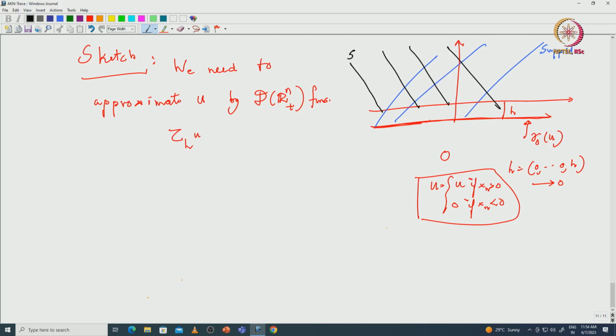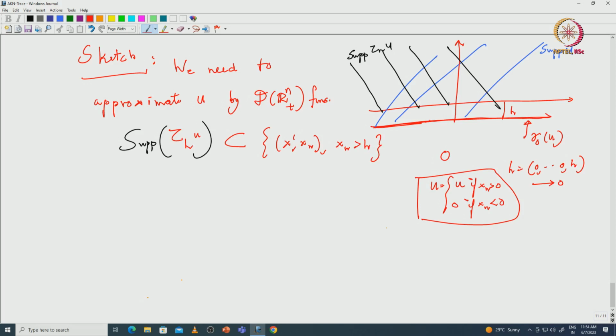This is the support of tau h of u. So the support of tau h of u will be contained in the set of all x prime, xn with xn greater than h.